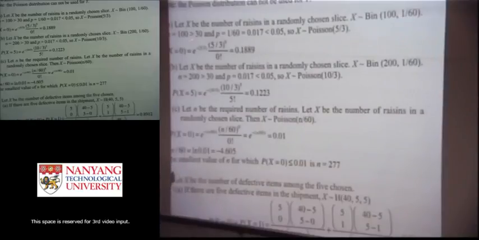Because the number of trials is larger than 30 and the probability is smaller than 0.05, we can approximate this to Poisson distribution. How to get the value of lambda? n times p, right? We get this. Then similarly, you can get the rest.